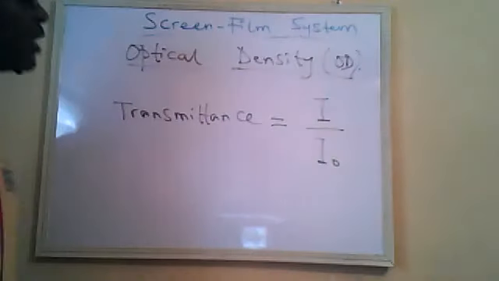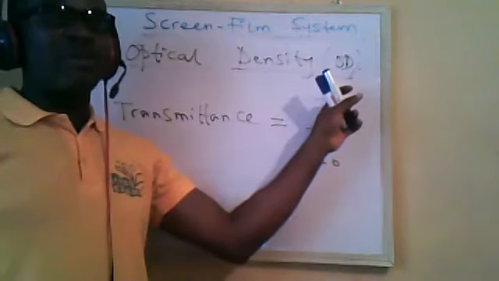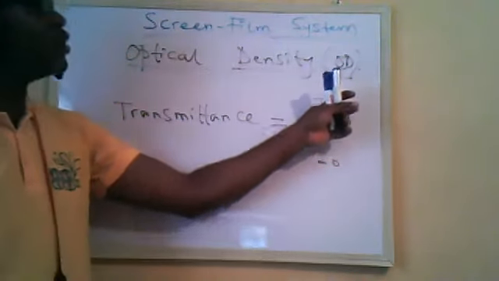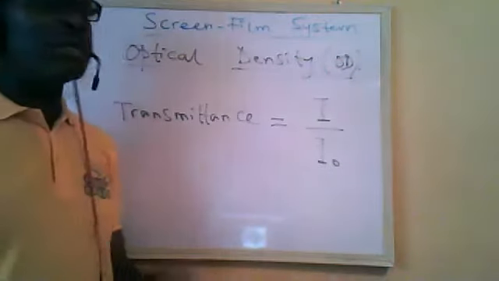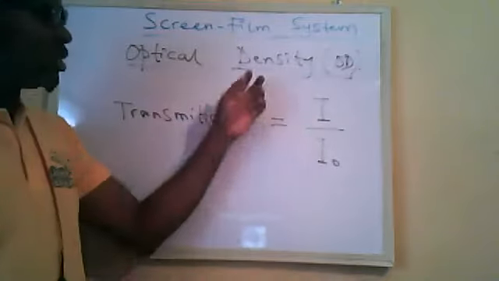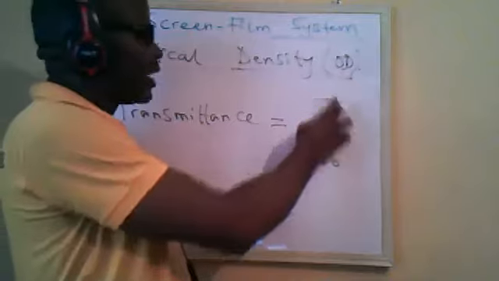This is the equation that is used by the densitometer in calculating the optical density. Transmittance is I over I naught.